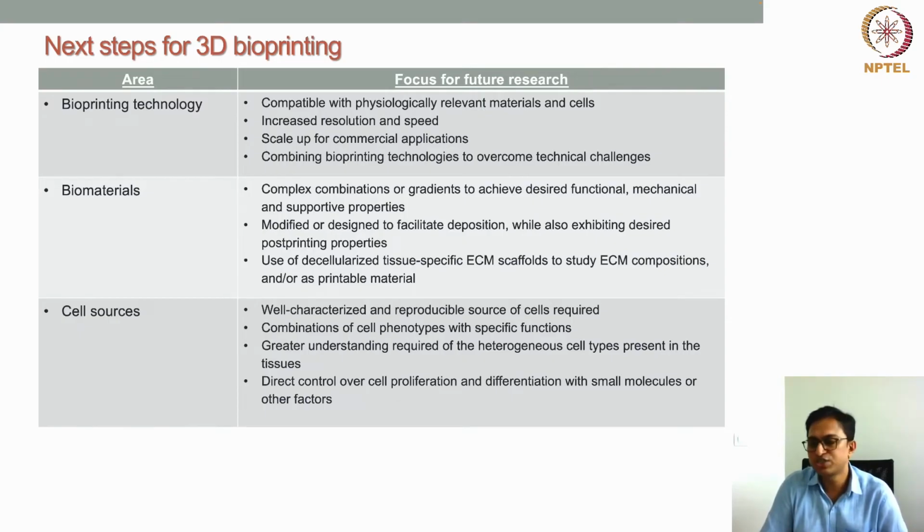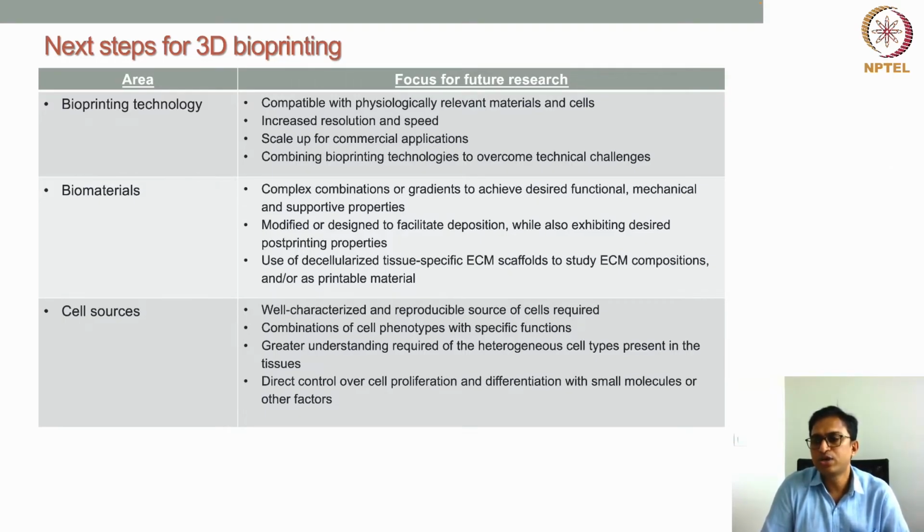Even when you make structures with that material, there should not be any deleterious effect, or introduction of any kind of infection or contamination within the materials and cells.